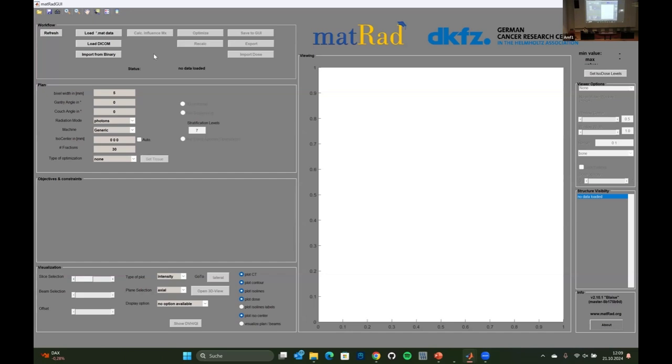This pre-calculated data is at different points in your system, depending on which version you use. I can show it for Windows: you click on this load mat data button here, where you can load these MATLAB mat files.